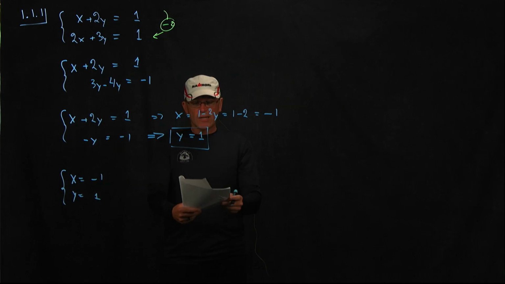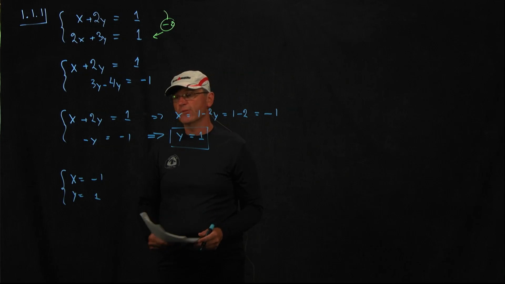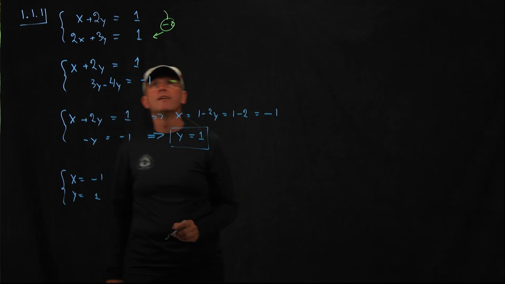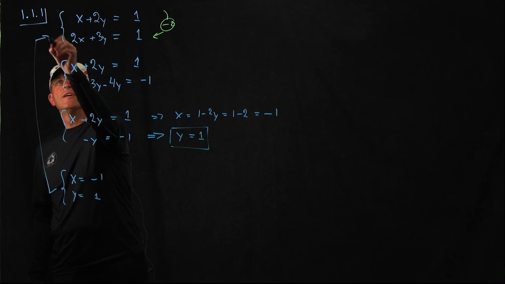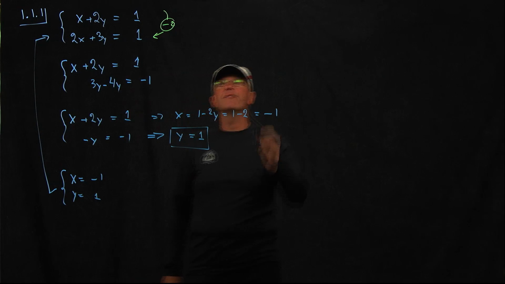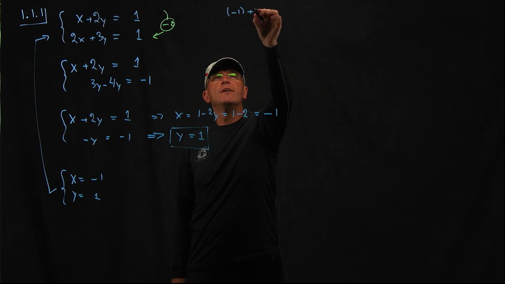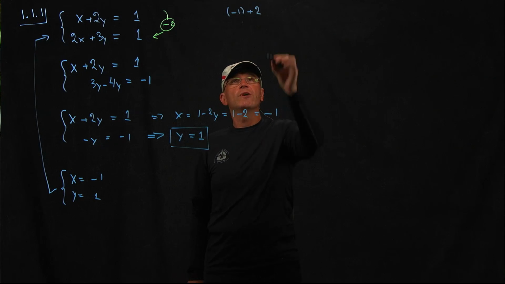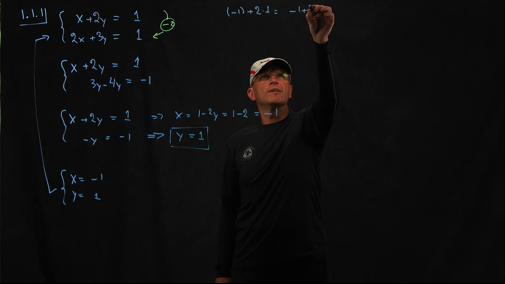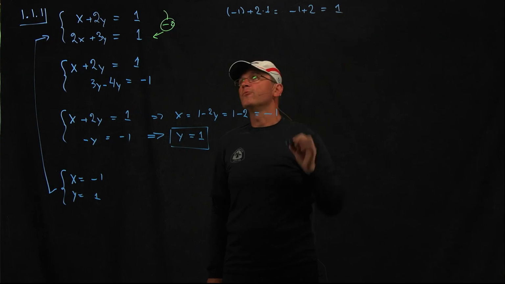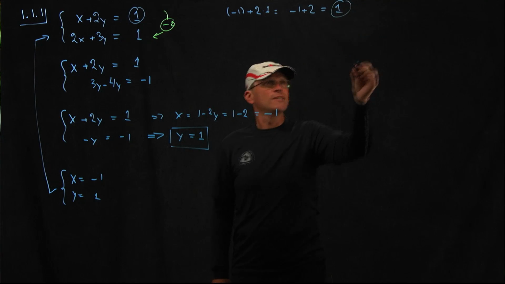And the beauty of linear algebra is that most of the time you can check your answers. So if we take this and plug it back into our original equations, things should work out. So we have x, which is negative 1, plus 2 times y, which is 1. So negative 1 plus 2, which is 1. And of course, that matches.